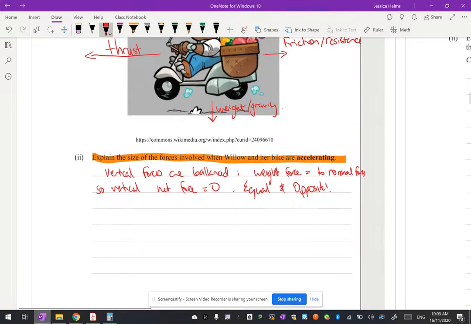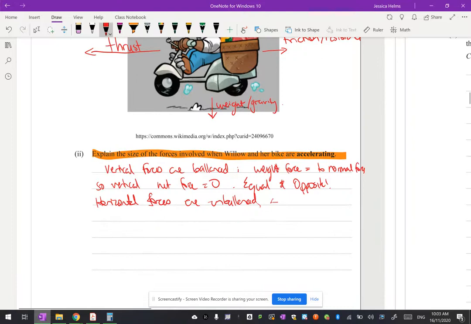Okay, so the horizontal forces are unbalanced. And so therefore, what's her name? Willow.